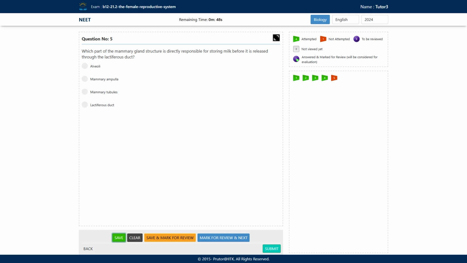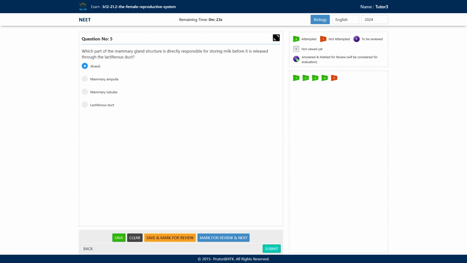Okay, here the correct answer will be alveoli. Alveoli are the cells which secrete milk, and this milk is stored in the ducts of the alveoli. Alveoli secrete milk. So the question was asking which part of the mammary gland is directly responsible for storing milk before it is released through the lactiferous duct.